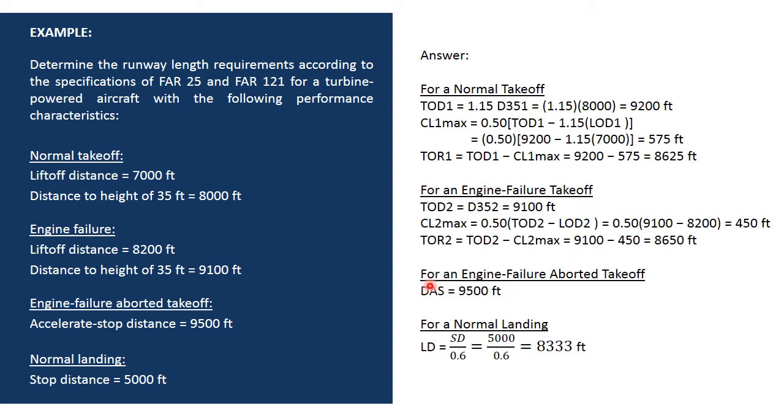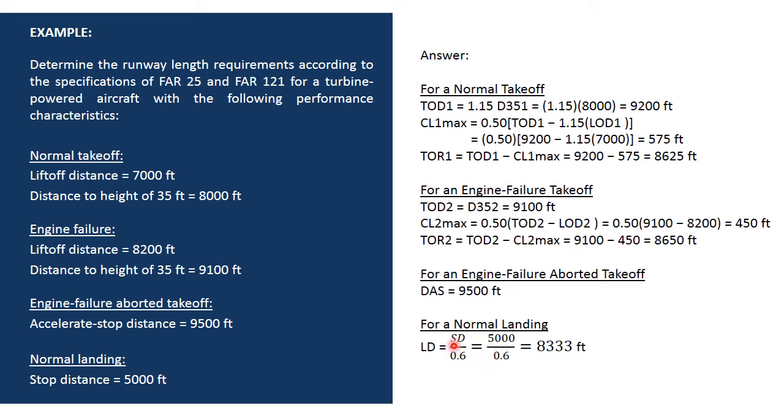So let's calculate for an engine failure aborted takeoff. The DAS, the accelerated stop distance, is 9,500 feet. Now calculate for a normal landing. The LD is SD divided by 0.6.